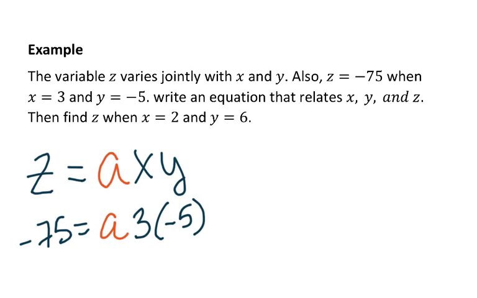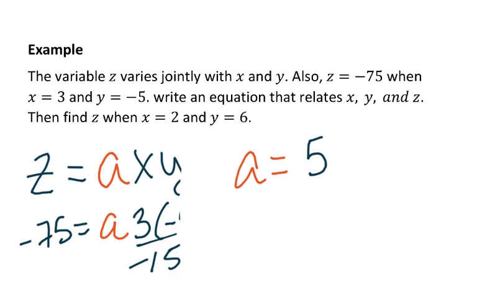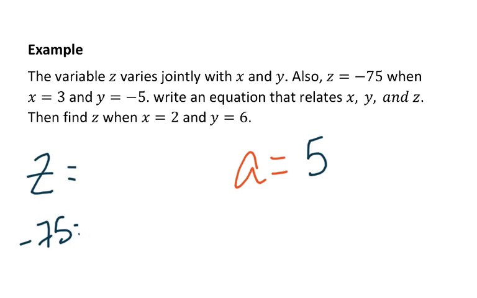All right. Constant of variation is 5. And it says, what do we have for z when x is 2 and y is 6?